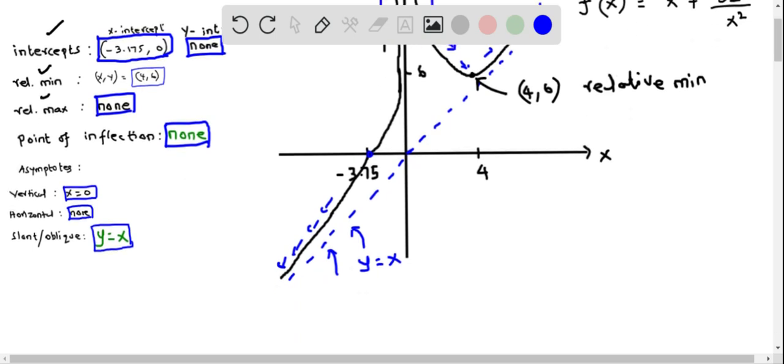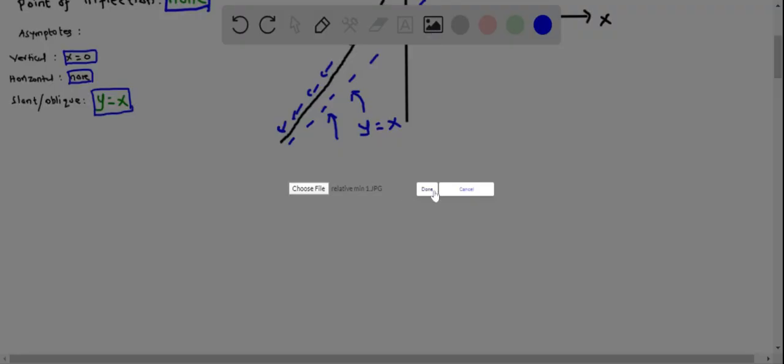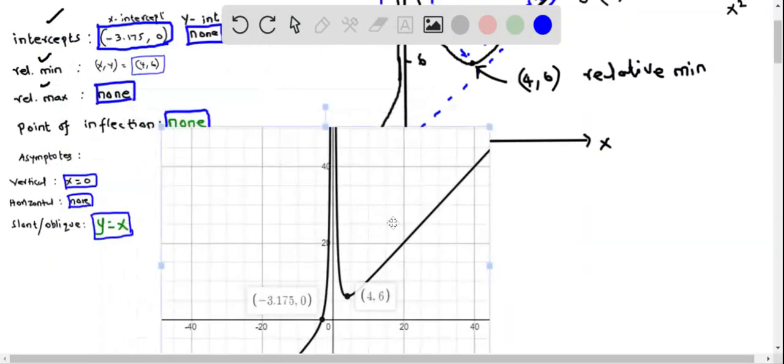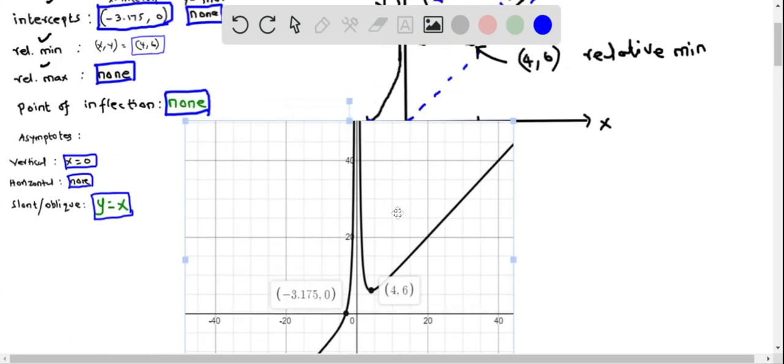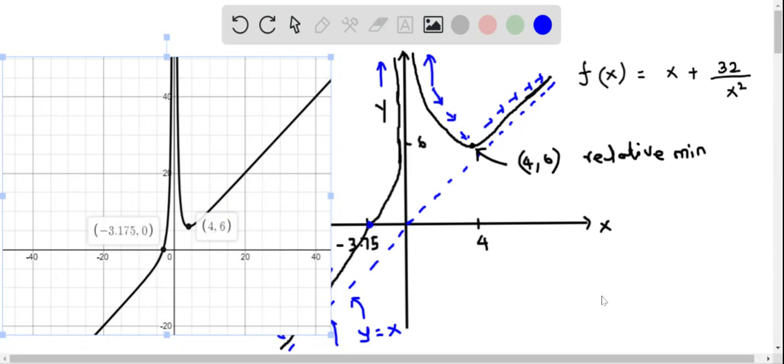This can be demonstrated by using a graphing utility. So let's utilize the graphing utility and draw the sketch. We can clearly see that it almost looks like this one. This is the actual graph of f of x using the graphing utility.